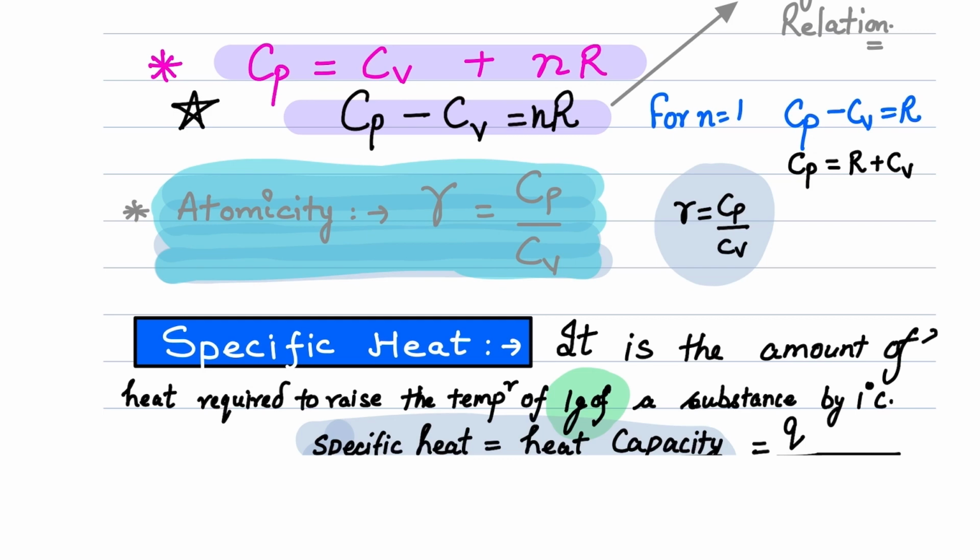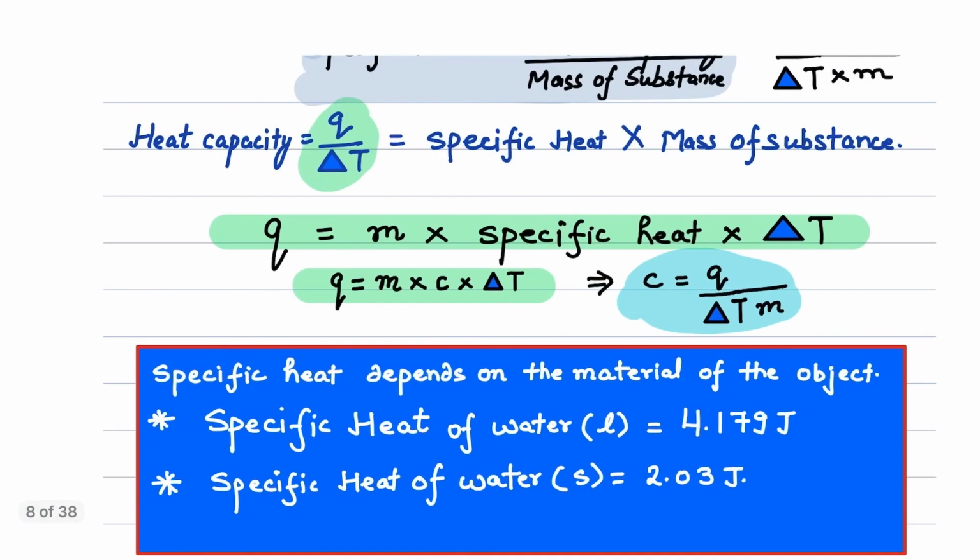Let us understand the second important term, that is the specific heat. Specific heat is the amount of heat required to raise the temperature of 1 gram of substance by 1 degree Celsius. It is equal to heat capacity divided by mass of the substance.